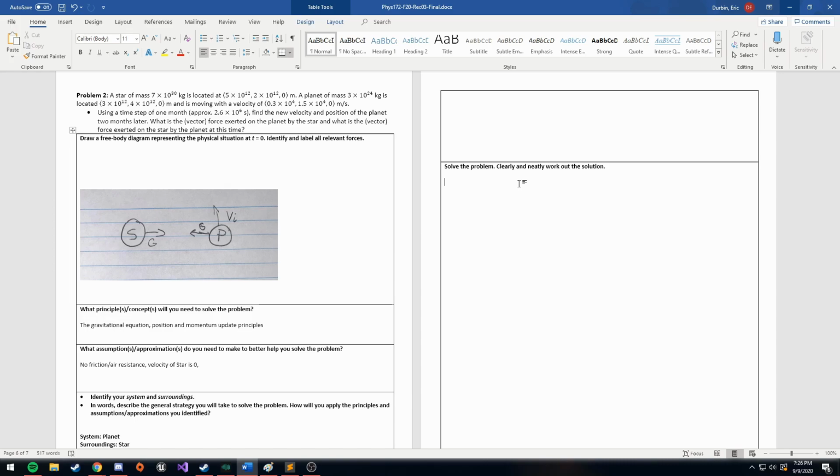What is the mass? Mass is the planet, so 3 times 10 to the 24.